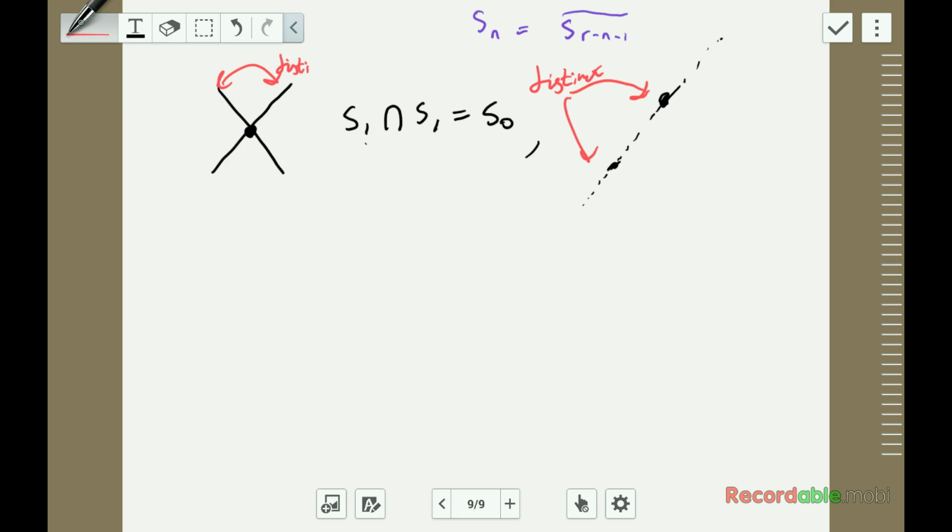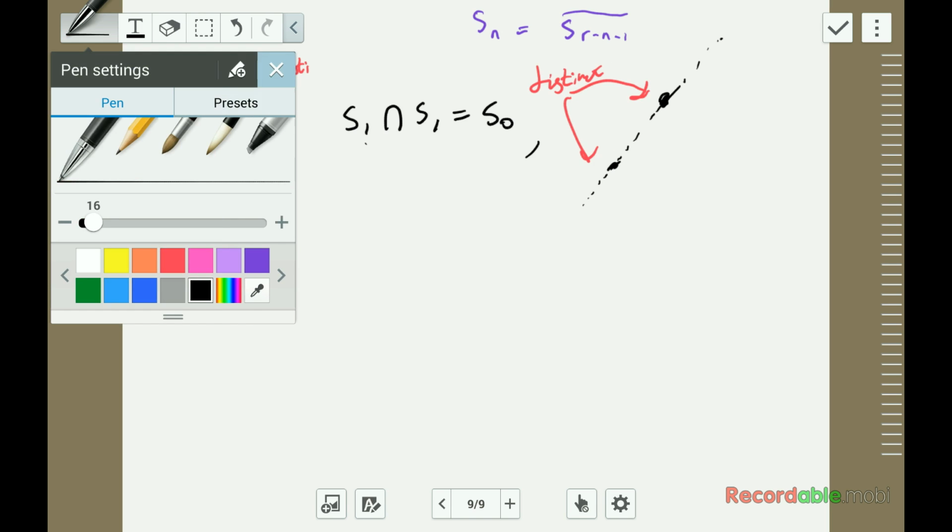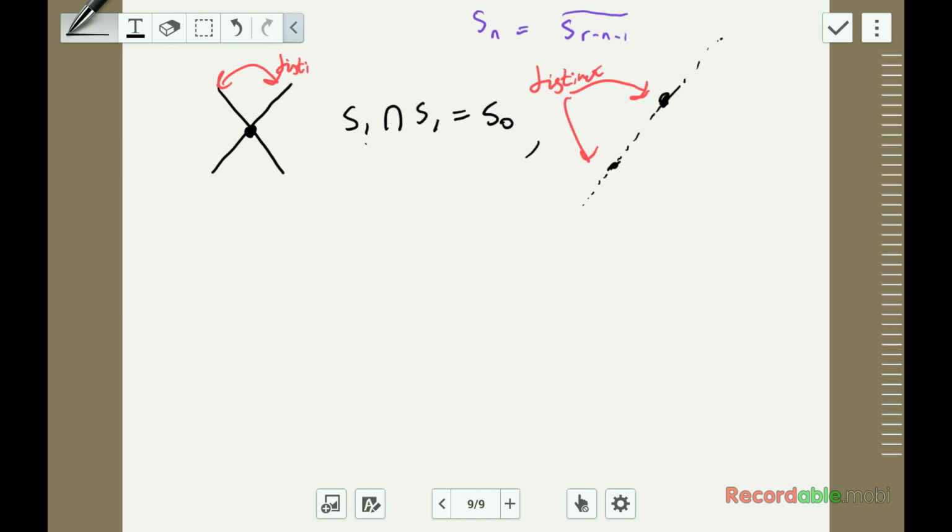Anyway, in this case, we can find a unique line that goes between these 2 points, and that is the span of S0 and S0. So we have that S0 span S0 equals S1.